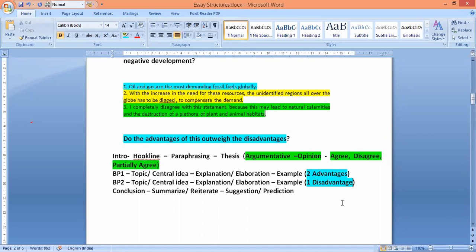They could ask the question the other way also, but it's completely fine that you say it has two advantages and only one disadvantage. So that's why I say advantages outweigh disadvantages. You don't have to give multiple disadvantages here.